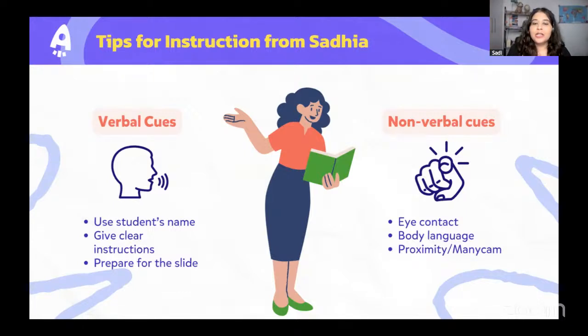And proximity. Obviously, you cannot jump out of the screen and go to the kid and touch the kid, but you can use your vocal intensity. You can enunciate your words. You can come closer, go far away, and you can also use your virtual editing tools like Manycam.